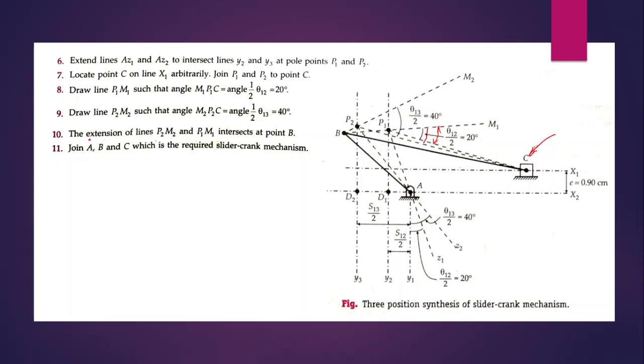Okay, next, the extension of line P2M2 and P1M1 intersects at point B. Now join A, B and C, which is the required slider crank mechanism.